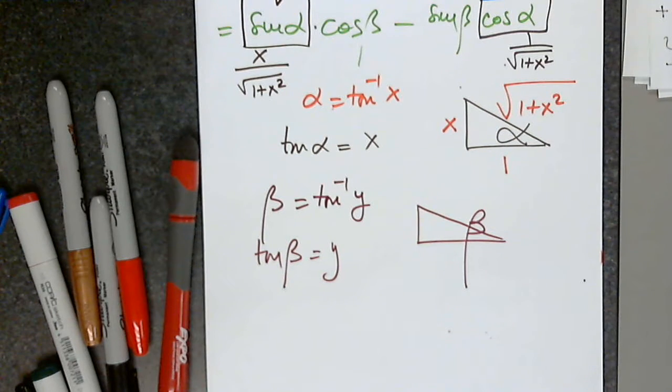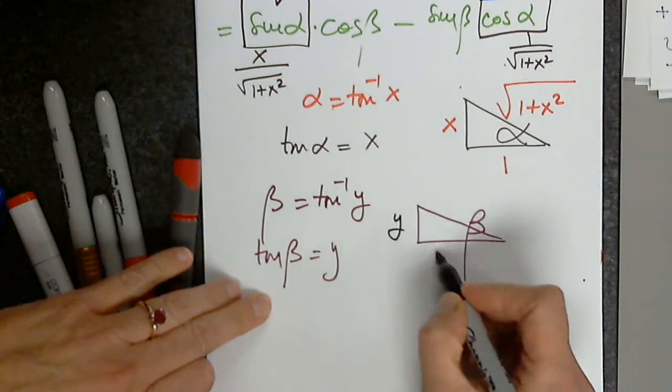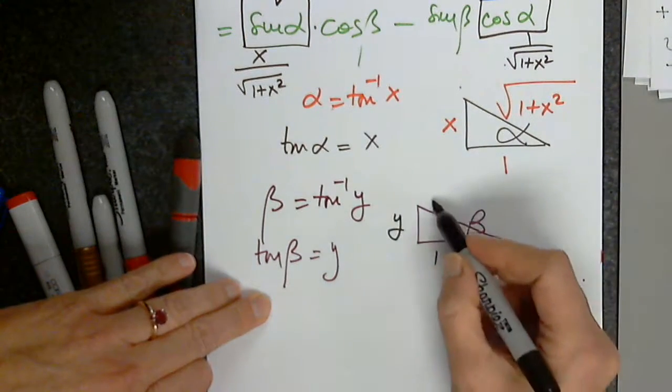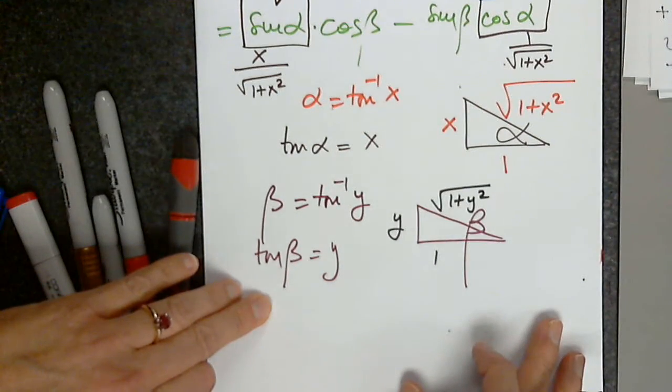And I know something about its sides. So I know that this is y and this is 1, correct? Then I know that this is the square root of 1 plus y squared, which cannot be simplified, correct?